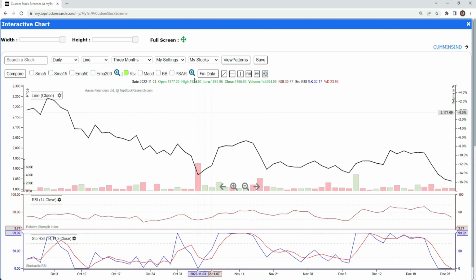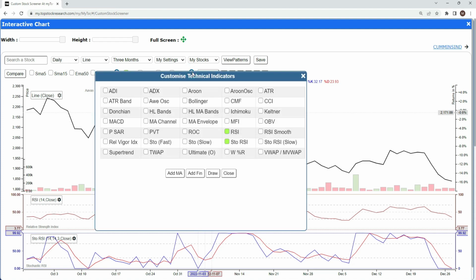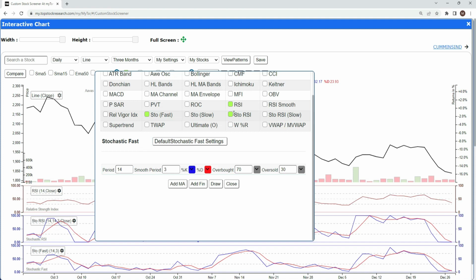Now if we add the stochastic oscillator also, in all three cases I have added the faster, more responsive one. The equivalent of that is a smoother one, like slow stochastic, stochastic RSI slow and RSI smooth. All three are smoother ones.